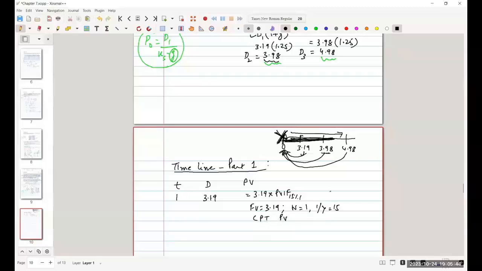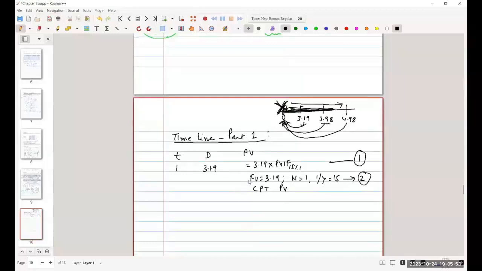That is another thing that you could do. One way is this, second way is this. The third way is just to use the formula for PVIF. So this is one of the ways. This is the second way. This is the third way, where you can say 3.19 divided by 1.15. That can also give you the result. Whichever way you want to do it.